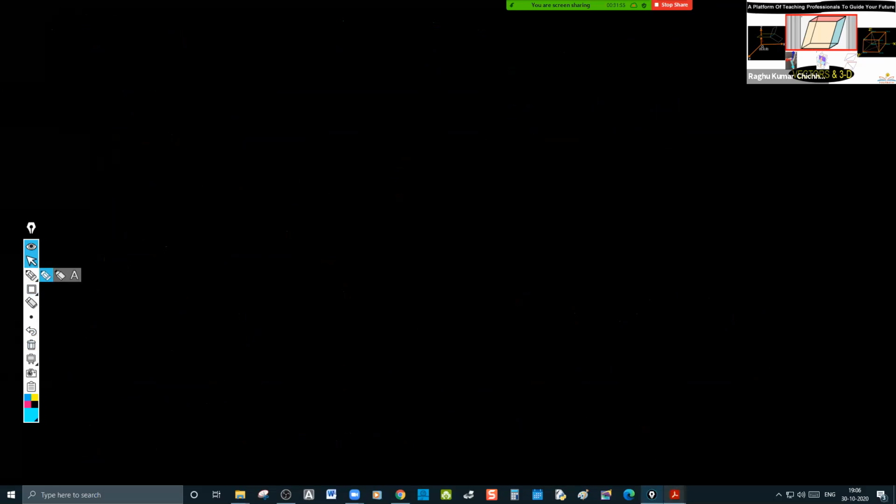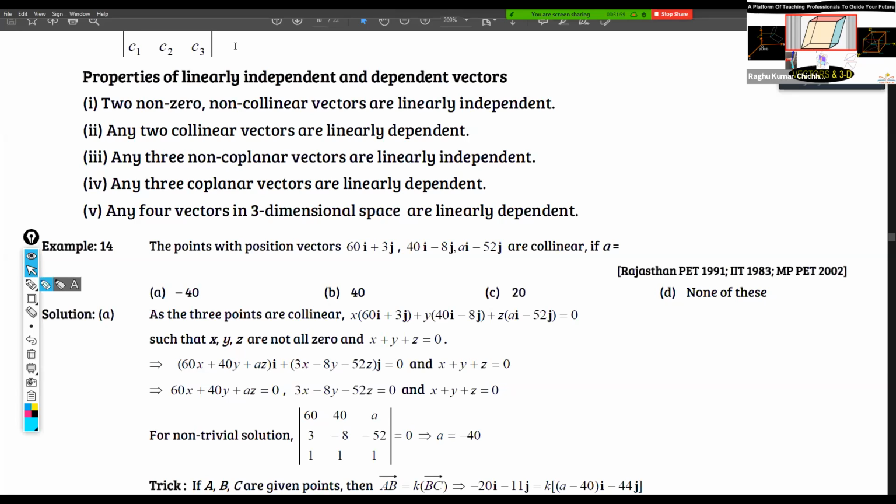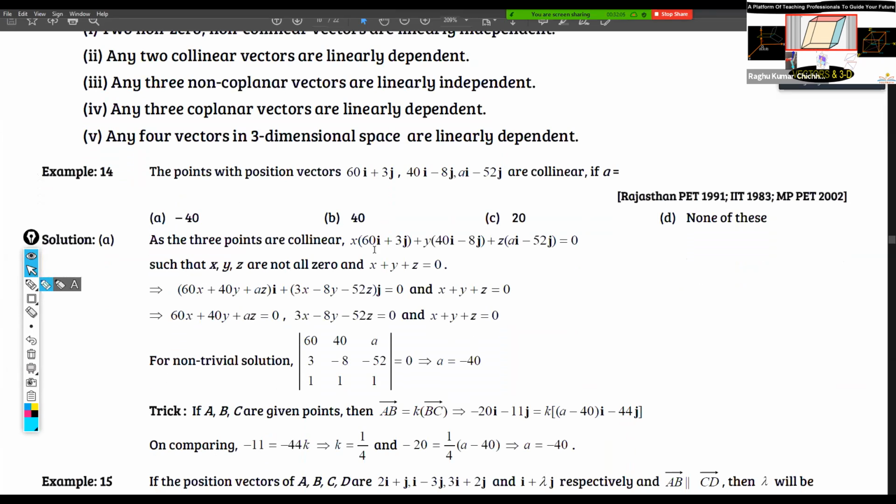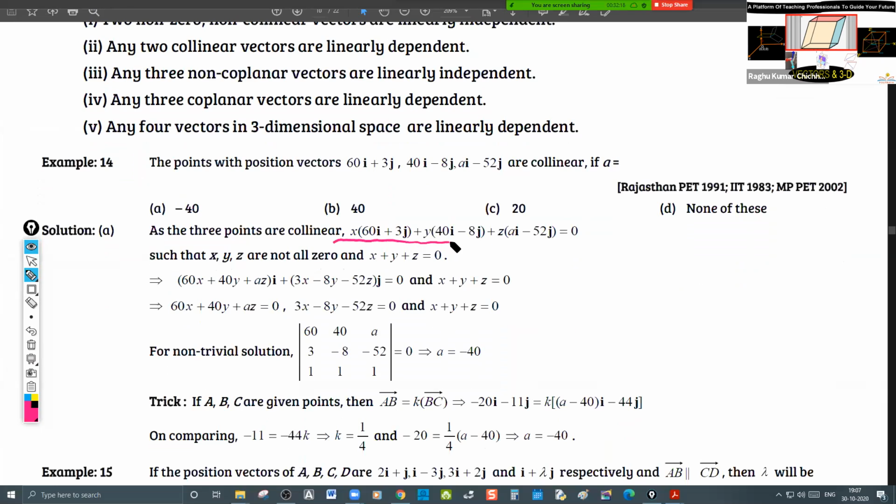Next. Just see the method he did also. As 3 points are collinear, he wrote a linear combination. Check it out, because if you come across this method, you should not feel it is new.